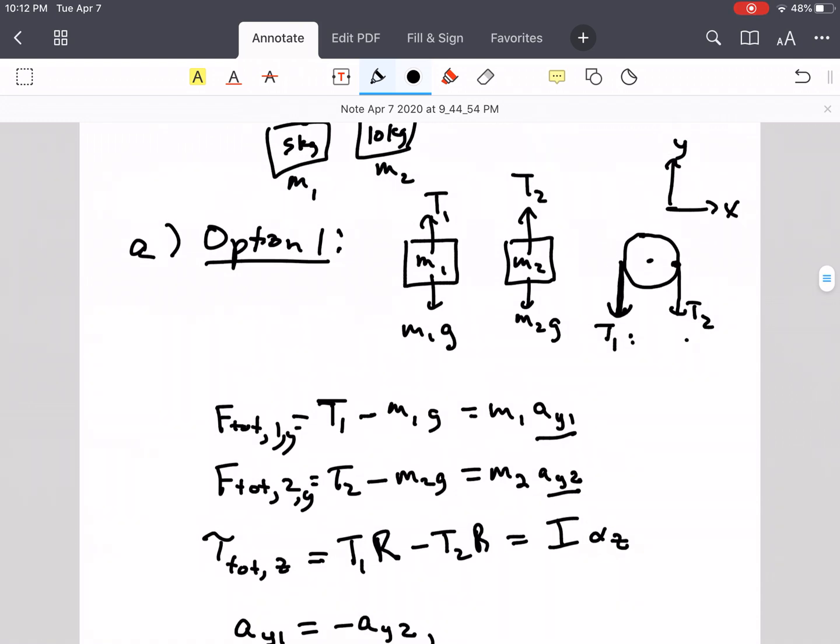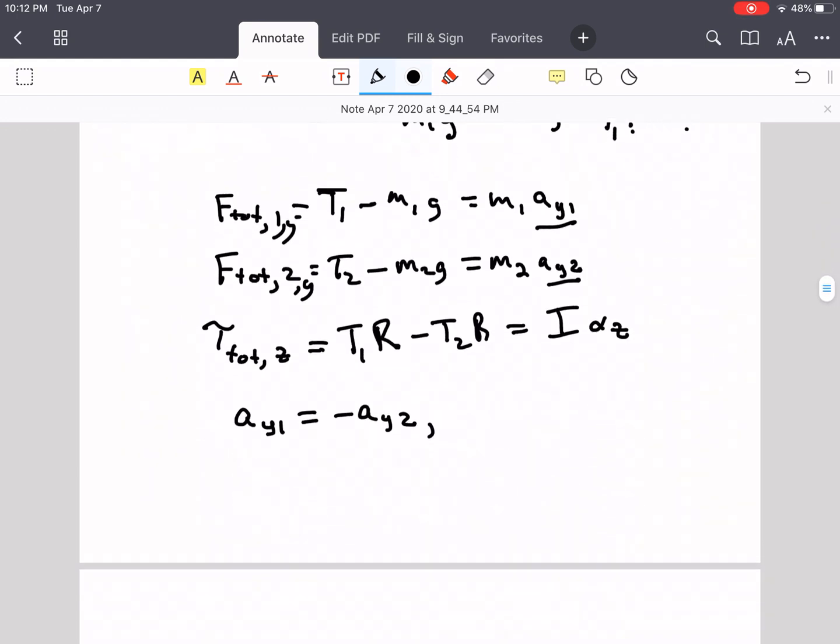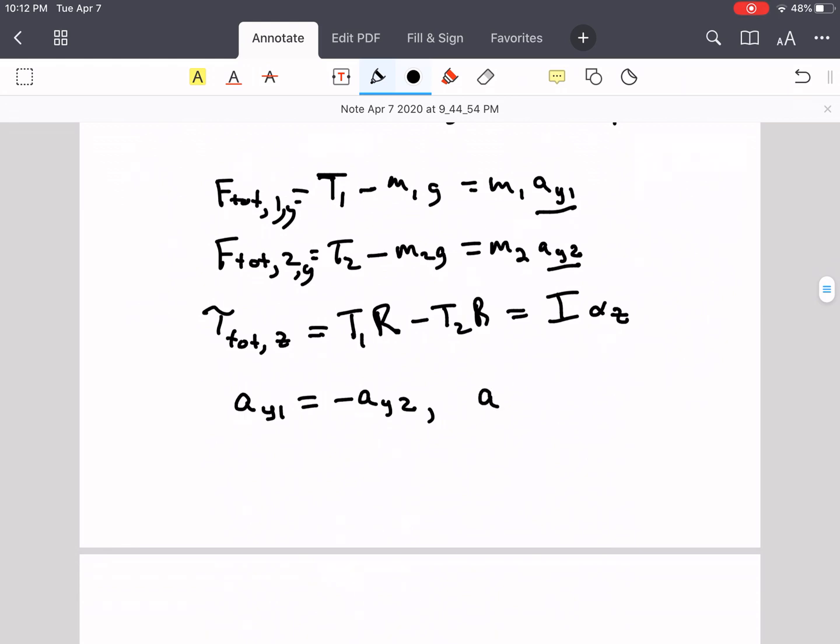If the acceleration of block 2 is positive, meaning block 2 is moving up, then alpha z is positive. It's counterclockwise rotation. So we can intuit that ay2 is equal to positive r times alpha z. Again, being a little bit careful about the sign.